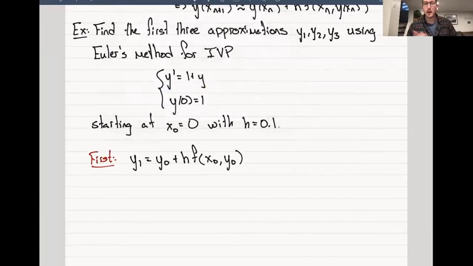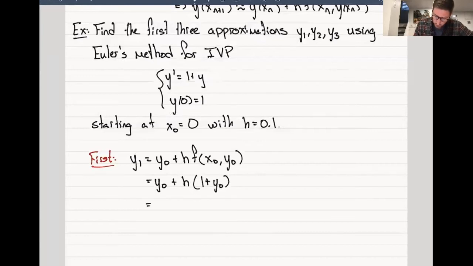Now, the first thing that we have to ask ourselves is, what is f? Well, f is the whole right-hand side of the differential equation. So in our case, this is 1 plus y. So here we get y0 plus h times 1 plus y0. And now we ask ourselves, what was y0? Well, that is y at the initial point, 0. So this is equal to 1.